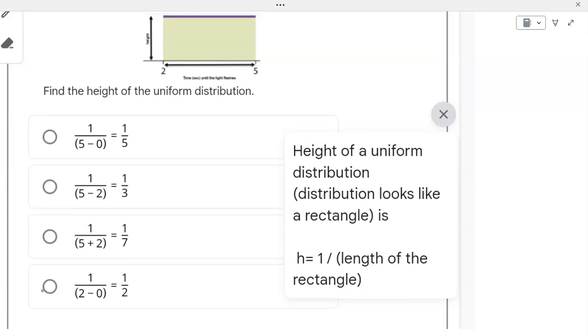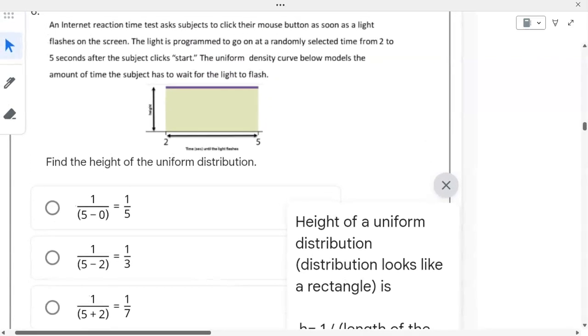It tells you the height of a uniform distribution, which looks like a rectangle here, is equal to 1 over the length of the rectangle. So this rectangle's length would be 5 take away 2, which is 3. So my height is 1 over 3.